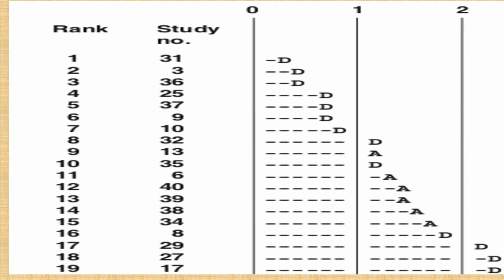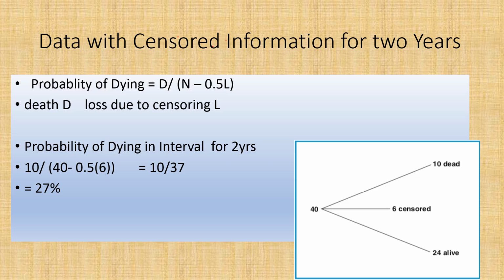Yes, over here if you look closely, let me simplify. The data with censored information for 2 years: D, the number of deaths, divided by 40, where 40 is the total number of individuals, minus 0.5 times 6. Why 6? These are the number of people who were alive after 1 year, but I lost contact after the completion of 2 years.